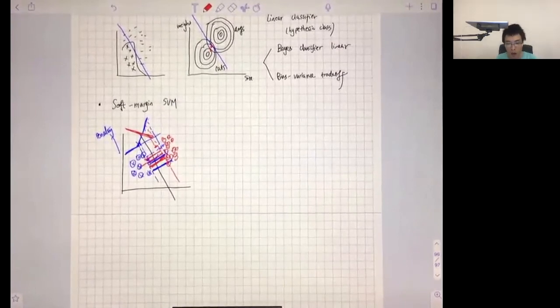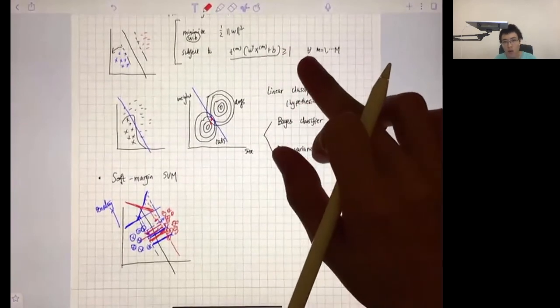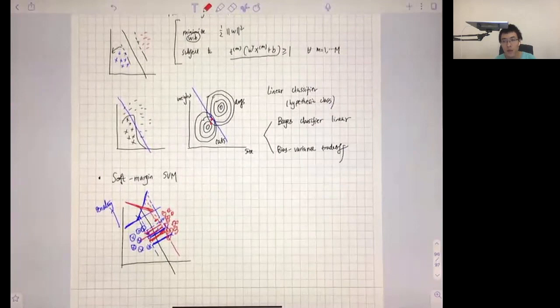And this time, the greater than or equal to 1 is not a hard constraint. Some samples can intrude the margin to a small extent, but you will be penalized by how much you intrude the margin.